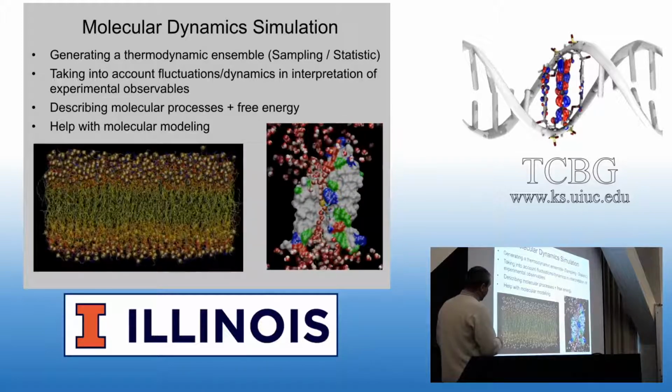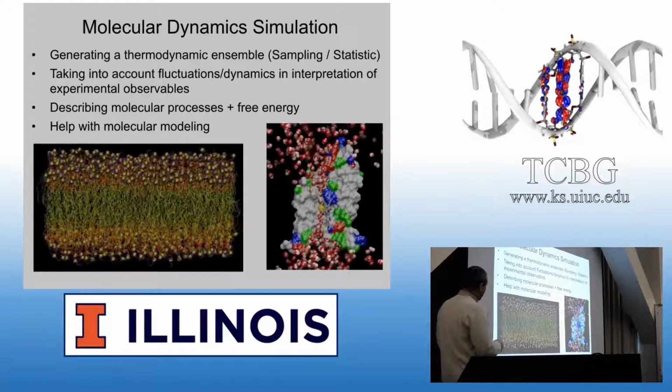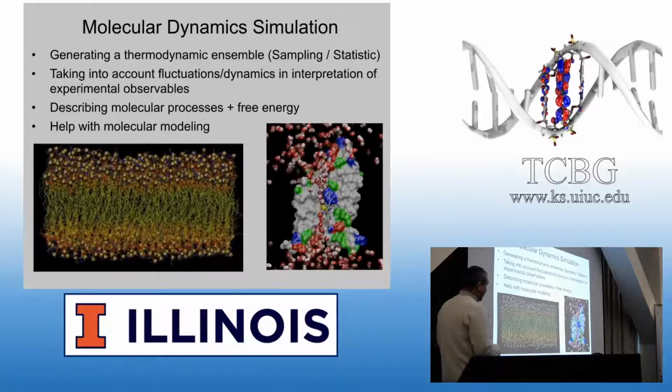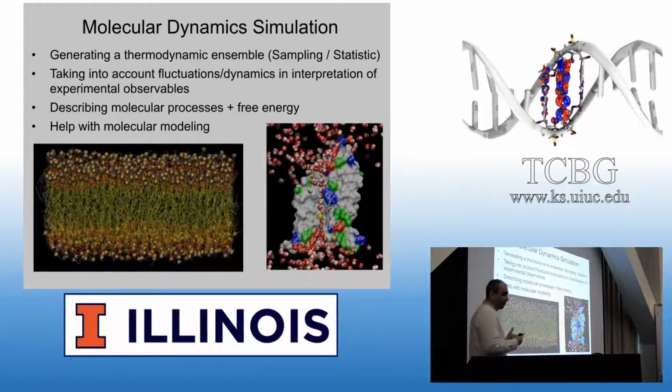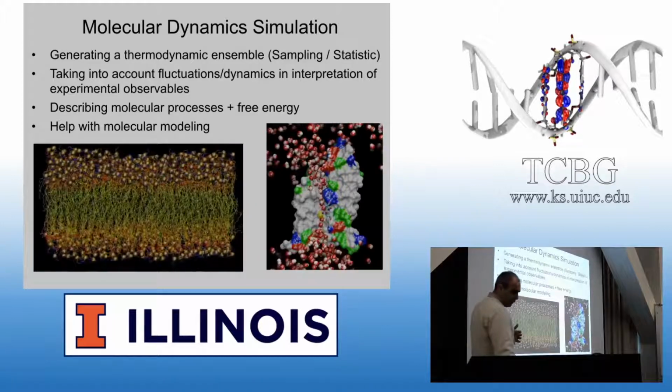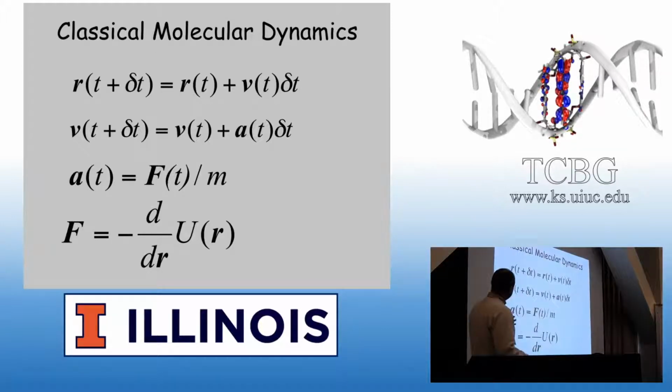This is something that you can also get from MD. And then, as I pointed out and showed in some examples, it helps with molecular modeling of different systems because it allows you to do really effective refinement of the molecular structure. So what is MD? I think this is molecular dynamics 1.0. Everybody knows. What we do is pretty simple at the core. You know the position of an atom at time t.